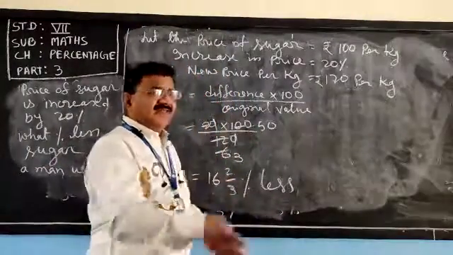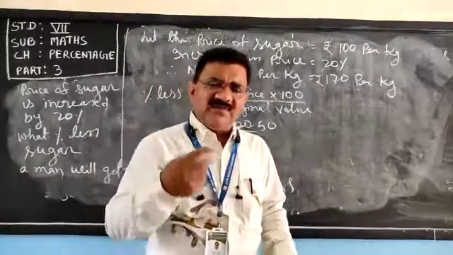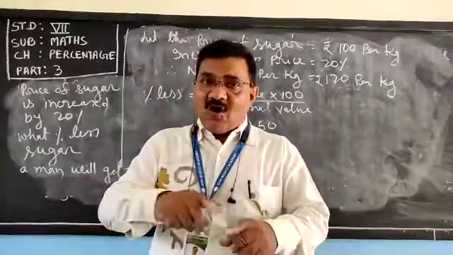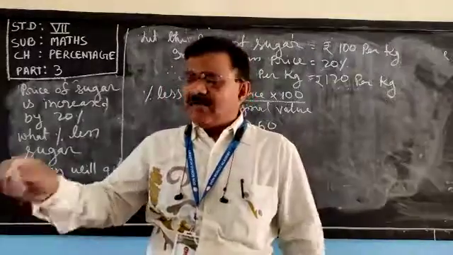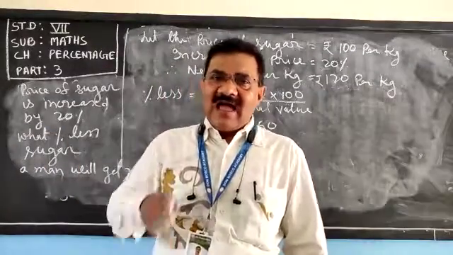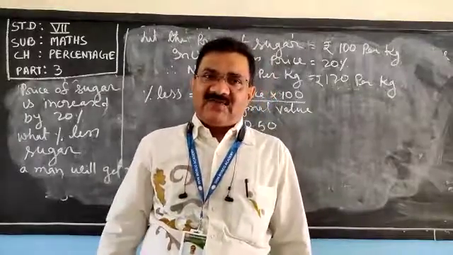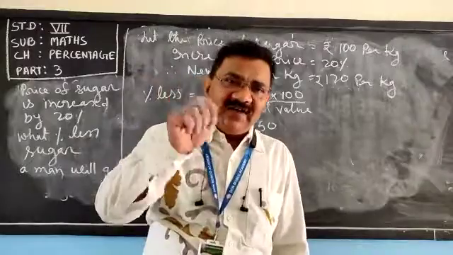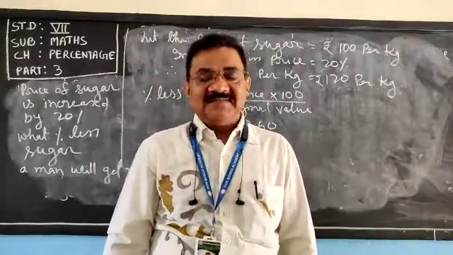Instead of 250 runs, 360 runs may be there. So how to do it? Practice all the examples and solve different types of questions, and then I am sure you will become very good in mathematics. Thank you very much.